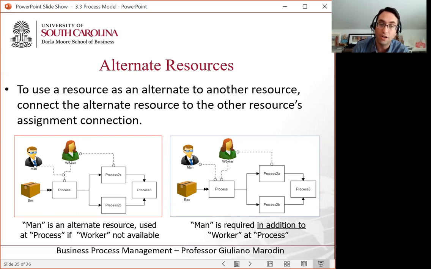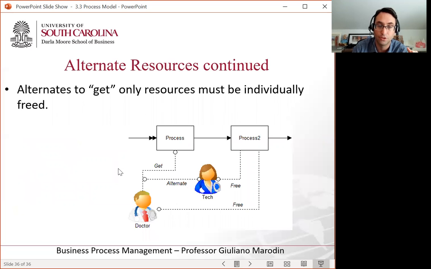But if the worker is not available, then the man will do the process here. In this case, on the right, they're both doing it at the same time, so you're using two resources at the same time. You need two people here. In this one, the worker is doing it, and if the worker is not available, the man is doing it. In this one, only the worker is doing it. It's very important to understand those differences.